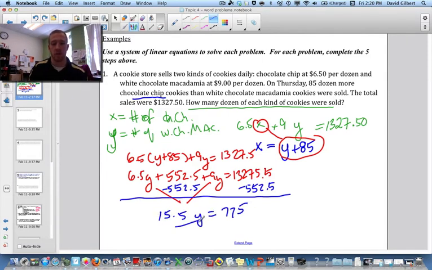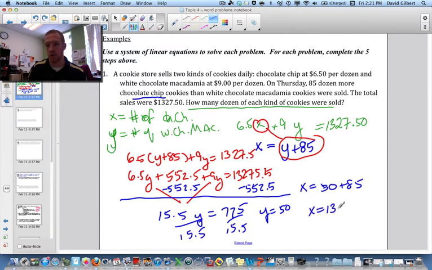Now I just divide by 15.5, and that gives me y equals 50. Since y equals 50, I know from this equation that x equals 50 plus 85. So then that gives me x equals 135.